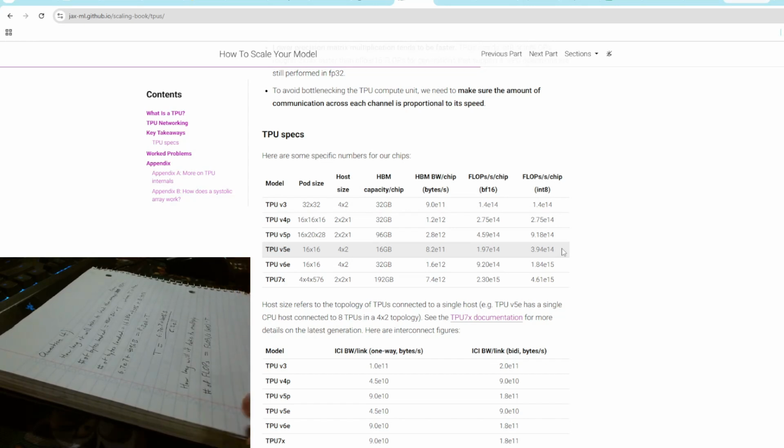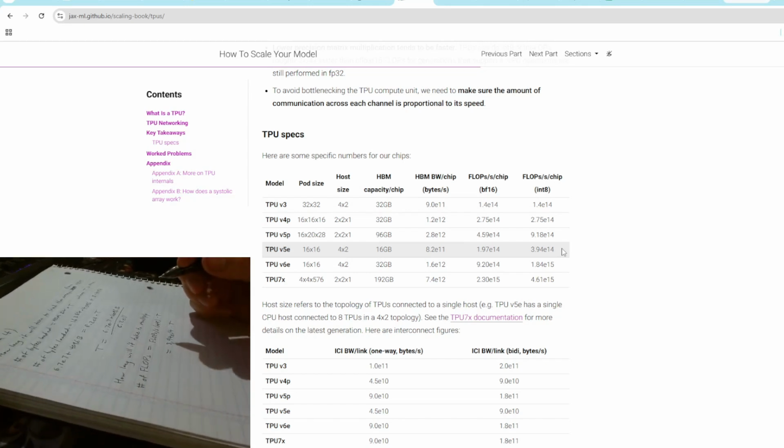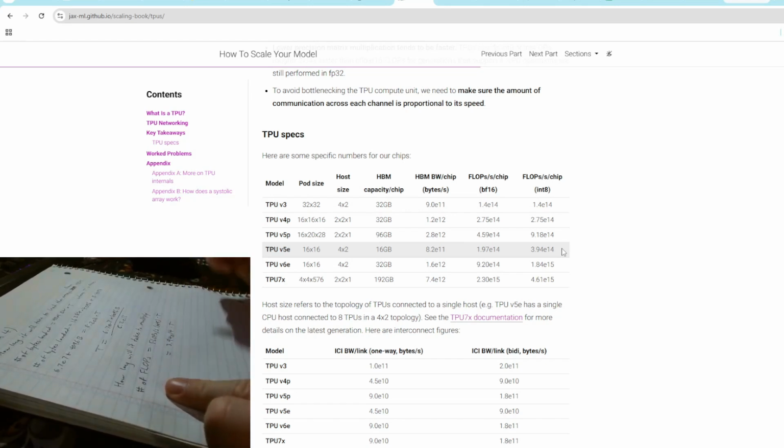And then again, just plug these numbers in here. So first, just because I have this number, I'm going to plug in flops per second, which is 3.94E14 times time. And then I just need this value here for number of flops.